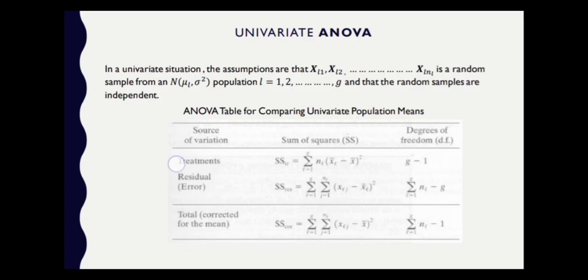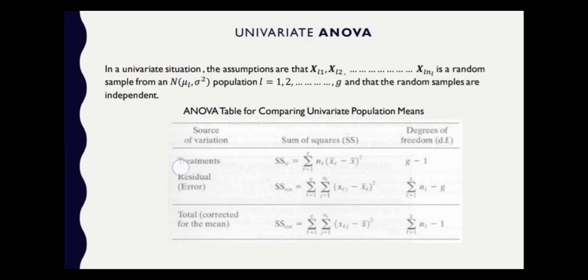But for univariate ANOVA, you deal with only one variable, but for several populations, more than 2 populations. Before we proceed, when we want to use the one-way MANOVA, we want to compare more than 2 populations.